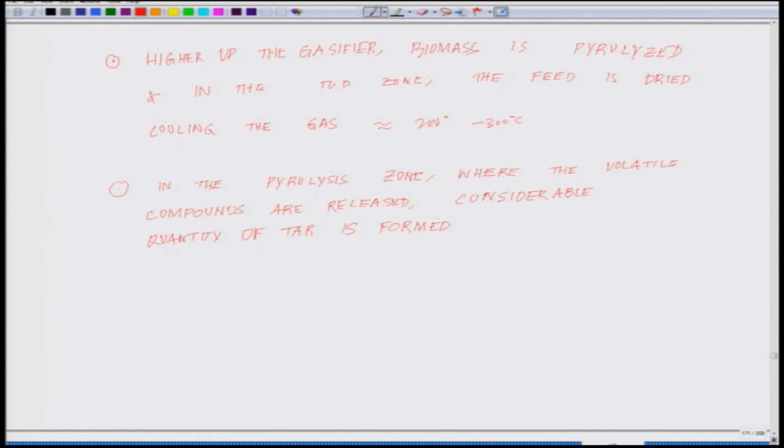which partly condenses on the biomass higher up, and this is a very interesting aspect.